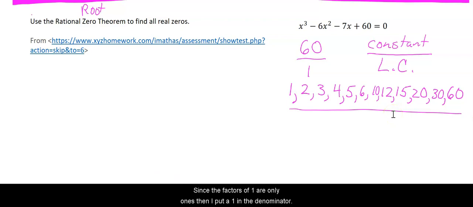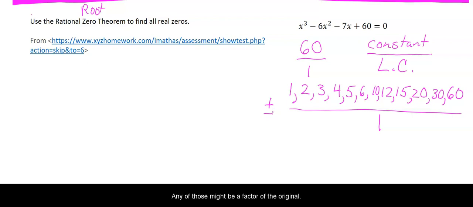Since the factors of 1 are only 1s, then I put a 1 in the denominator. Now I can take any combination of any number from the numerator and any number from the denominator with either a positive or a negative. That is the rational root theorem. In other words, any of those might be a factor of the original.